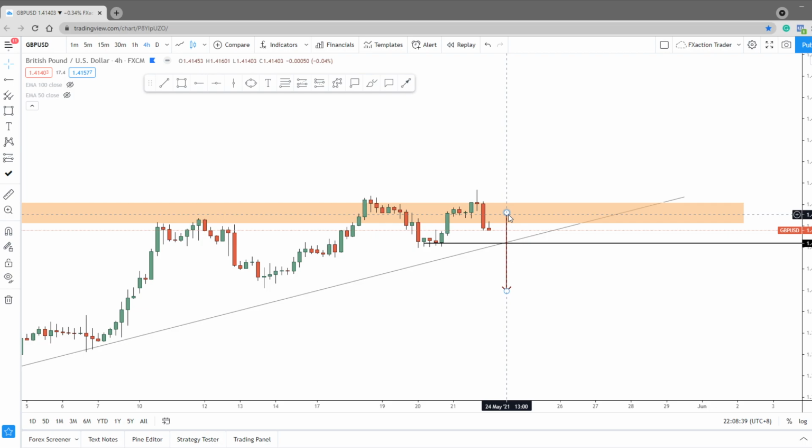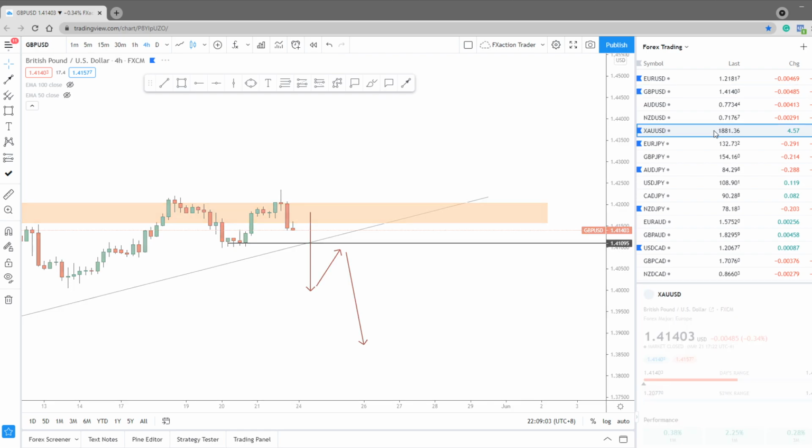So once market creates a new low, we could go for a sell entry after the pullback. So in my opinion, this pair could go either way this week. So what we have to do is keep monitoring the movement of this pair, and I'm going to give out more detailed updates in my Telegram channel.